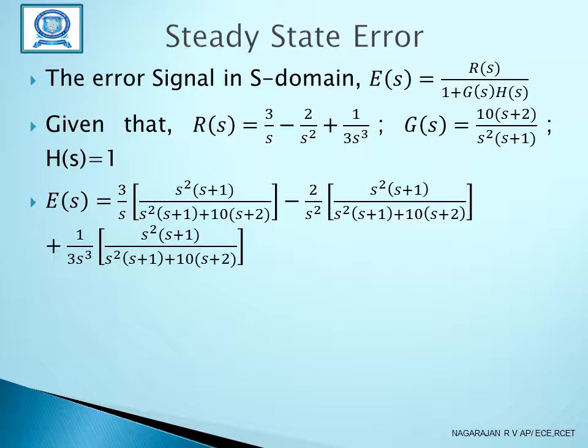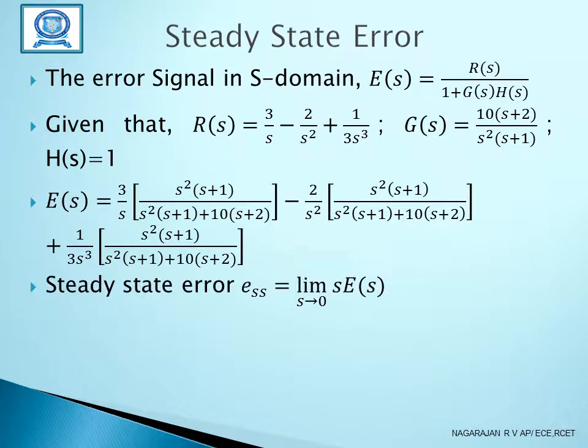Our aim is to calculate the steady state error. That is, the steady state error ess is equal to limit t tends to infinity of e(t), that means limit s tends to 0 of s into E(s).